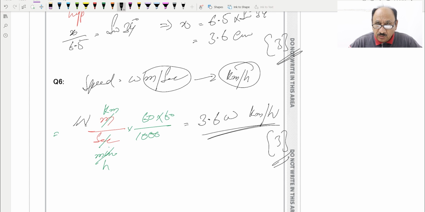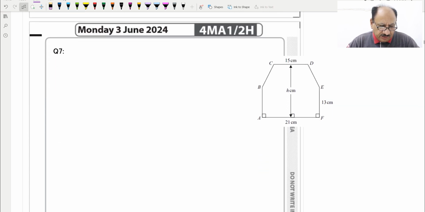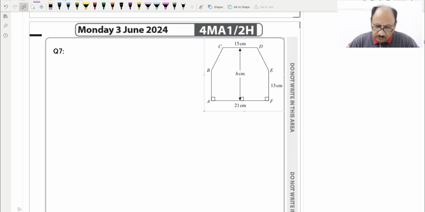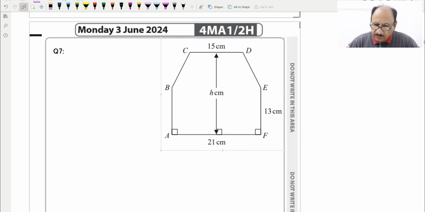Hopefully you understood this. Question number 7, and question 7 will be referring to this small drawing, and the diagram shows a 6-sided shape A, B, C, D, E, F. So this shape A, B, C, D, E, F is given, and these measurements are given.